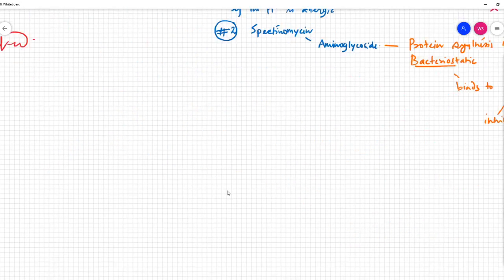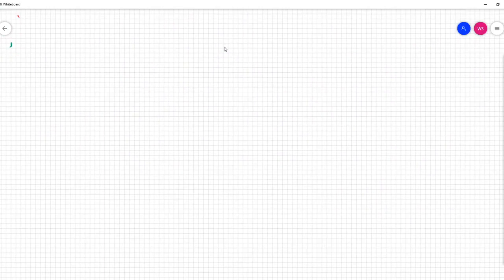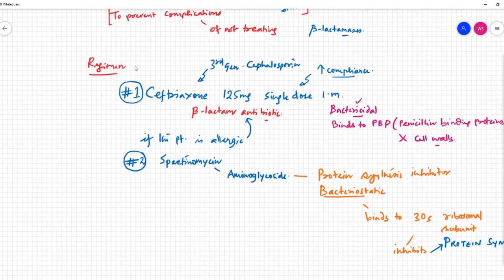Now the other point to be remembered here is that if we look at the pharmacokinetics of ceftriaxone, it is not absorbed orally. Okay, so it has to be given parenterally. So let's write it down somewhere here.